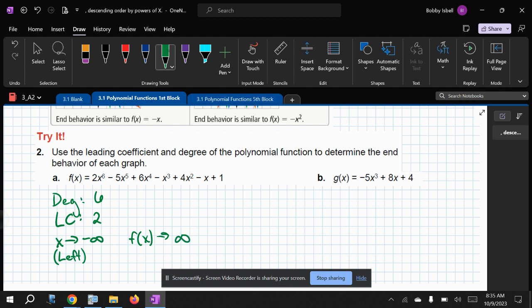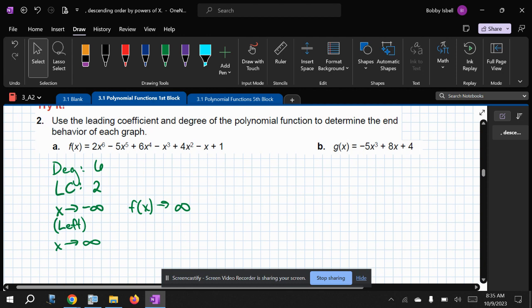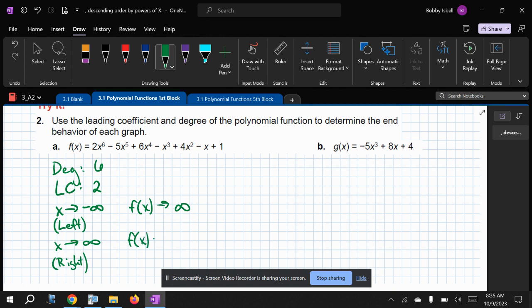Positive infinity. As x approaches positive infinity, in other words, the right side, f of x also goes to positive infinity, so up. Okay.